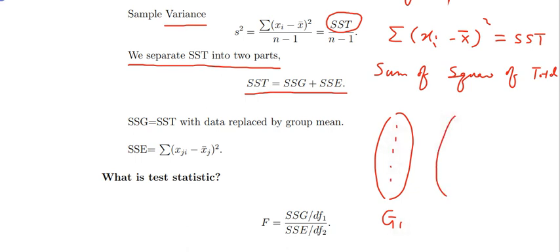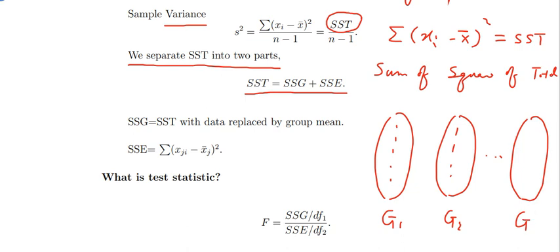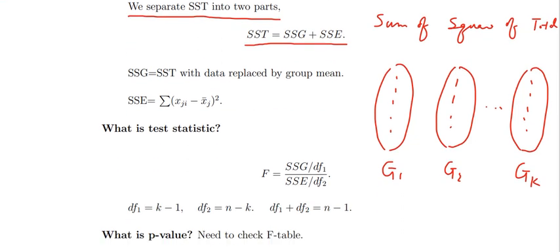And group 2, we have data. And then like our group K, our class K, we have data, right? So we want to split all data into 2 directions. This direction, changing this way makes a difference, or this direction.